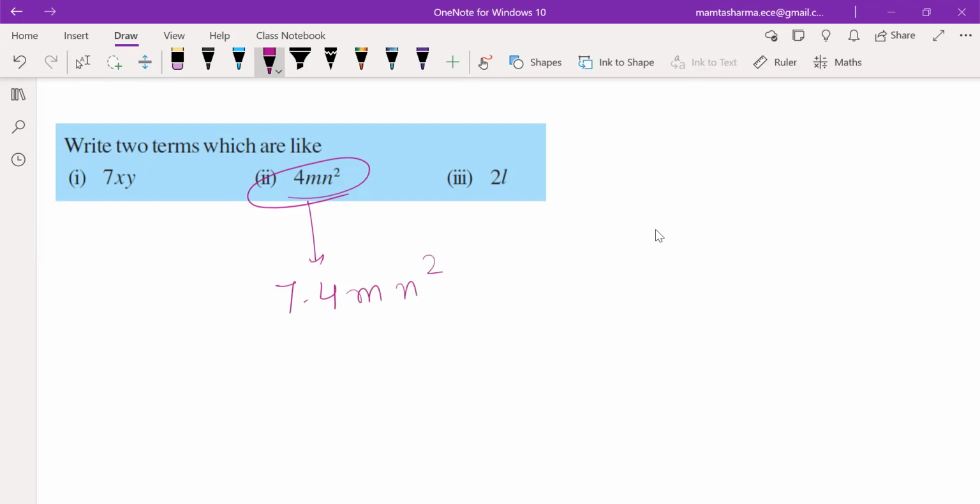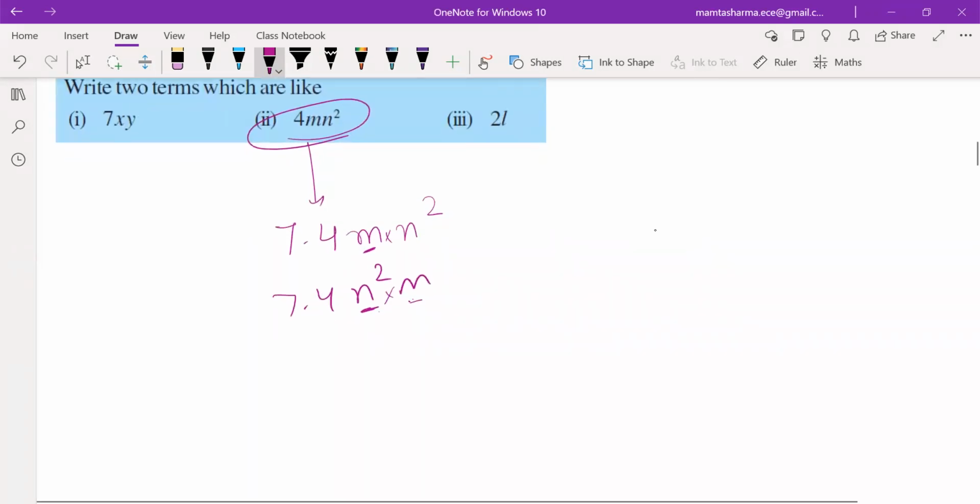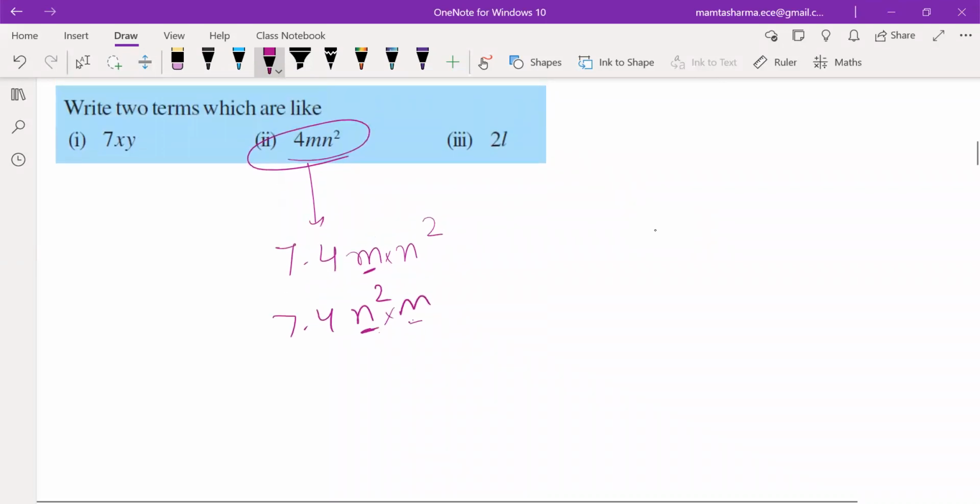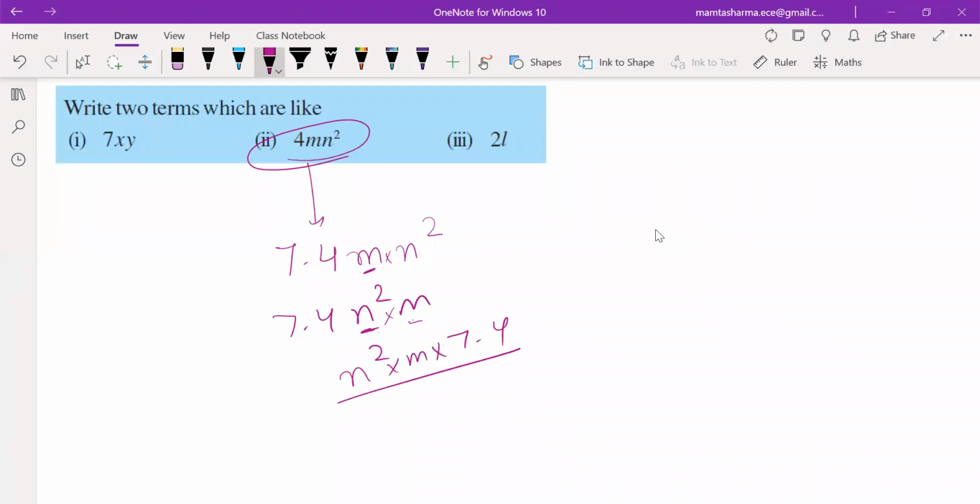mn square or n square m, both are correct, and their power should be equal. You can write either m first or n first. Okay. Tanvi? Ma'am, can we say n square m into 7.4? Yes, they are all equal, but generally while writing, the common practice is that we keep the coefficient before the variable term.